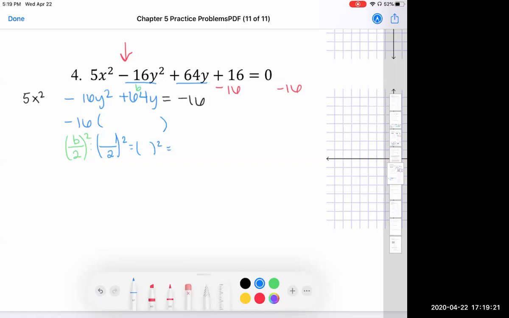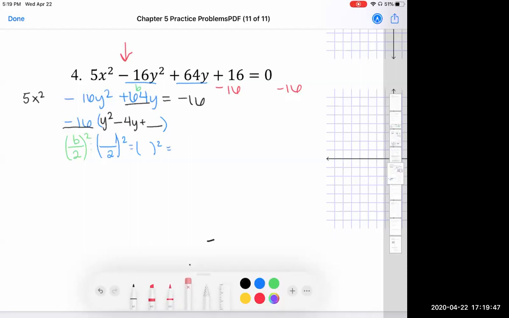So I have to factor. So I have y squared plus, or I should say minus, because positive 64 divided by negative 16, a positive divided by a negative is a negative. And 64 divided by 16 gives us 4y. And I'm going to add that number to complete the square.